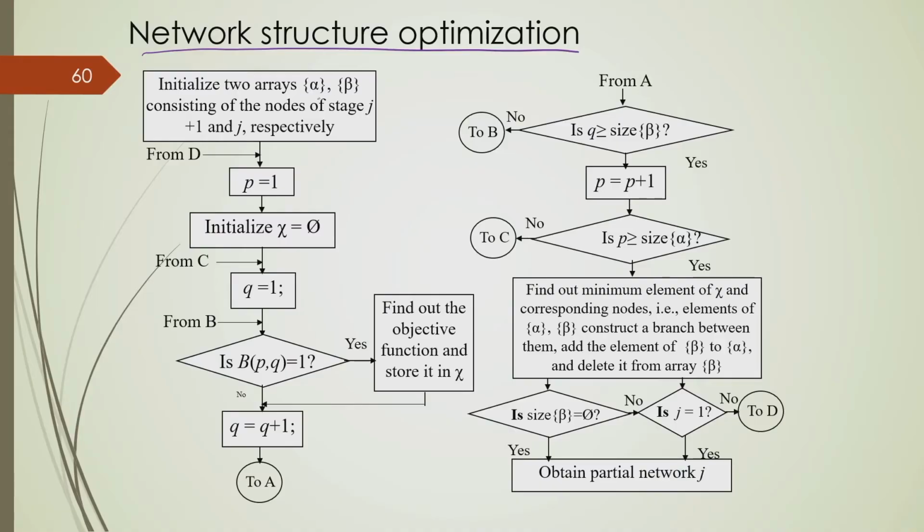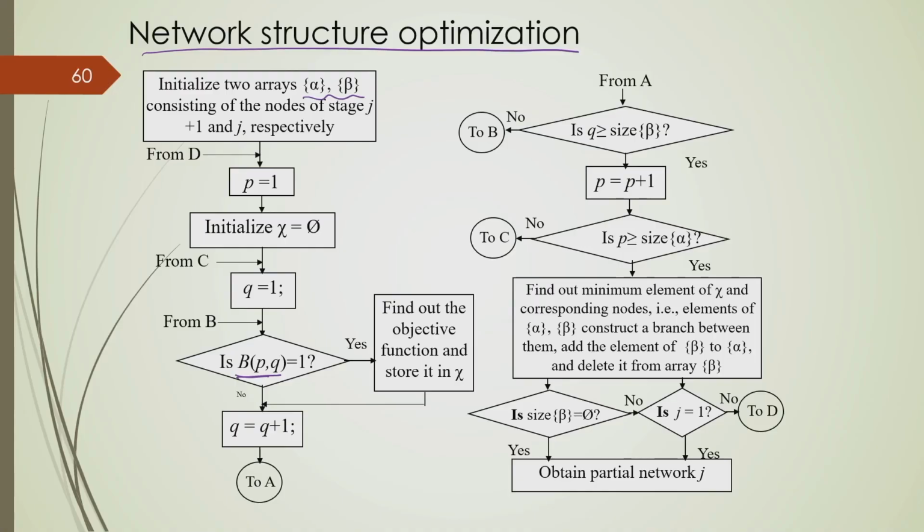You can see that we have initialized two arrays, alpha and beta, and this B is a predefined matrix which assigns the interconnectibility between two nodes. If this is 1, then it is possible to build a network branch or distribution line, otherwise 0 represents it is not possible to build a line between node p and q.